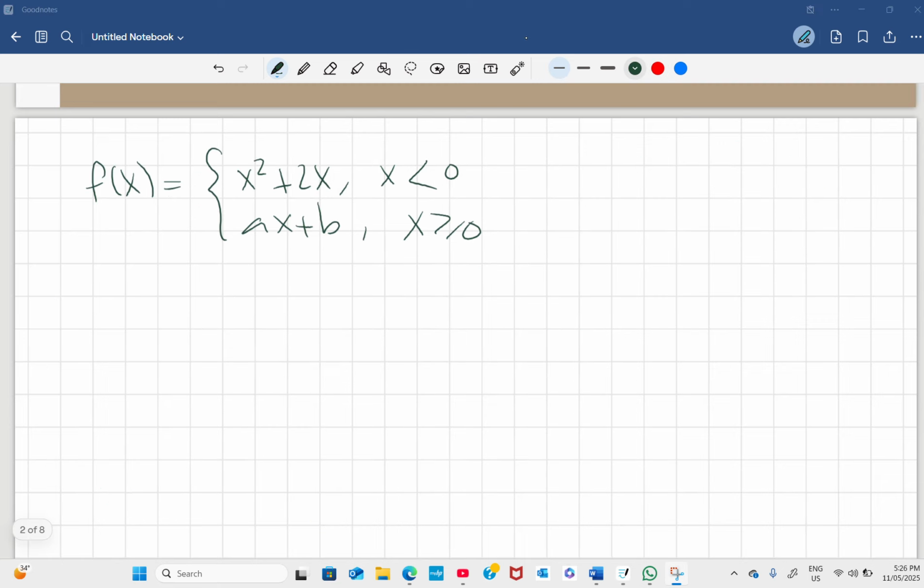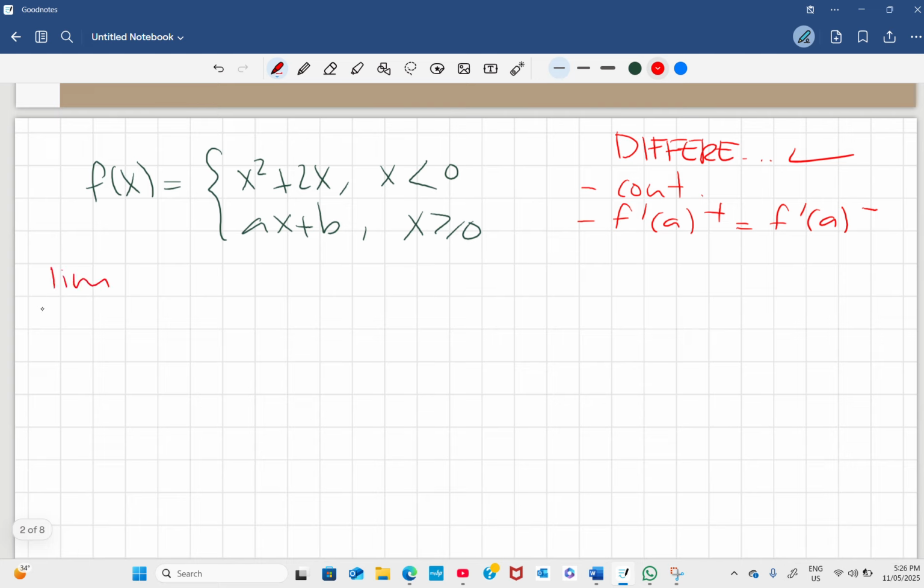Okay, so here they are telling us to find the values of a and b, and it is given that it's differentiable. So is it differentiable? Yes, it is. So that means it is continuous, and f prime of a plus is equal to f prime of a minus. Let's start with the limit as x approaches 0 plus of f of x.